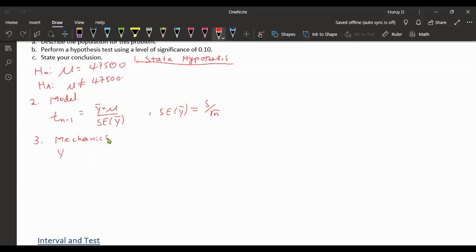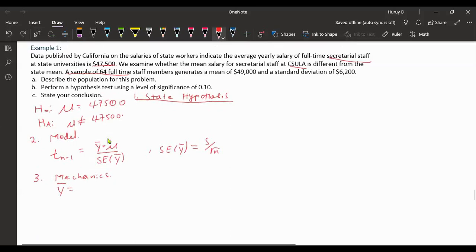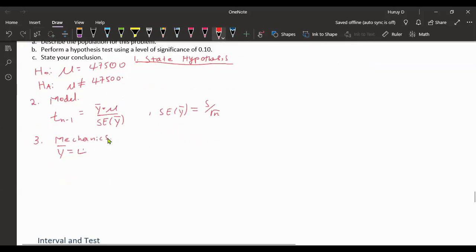So here, y bar represents the mean of these 64 staff members, and y bar is 49,000, and n is 64. Now, what is the degrees of freedom? This is given by n minus 1, and that is 64 minus 1, which is 63.